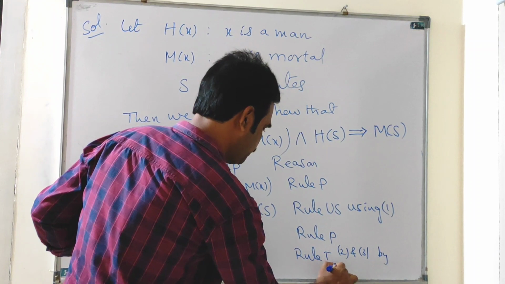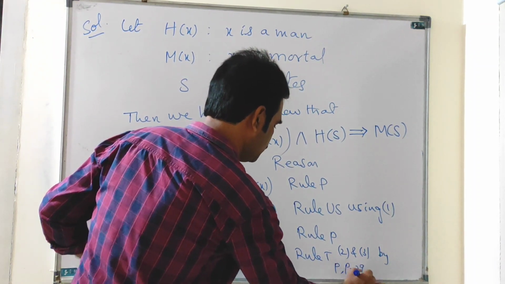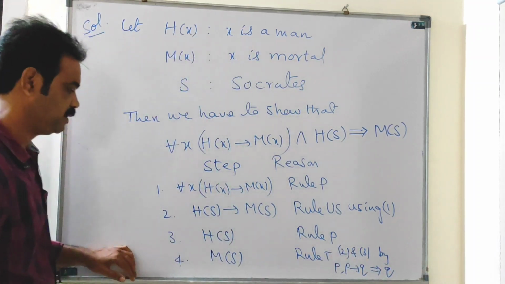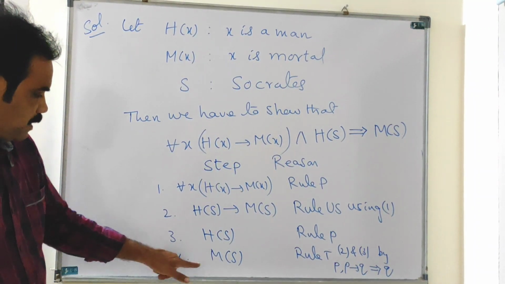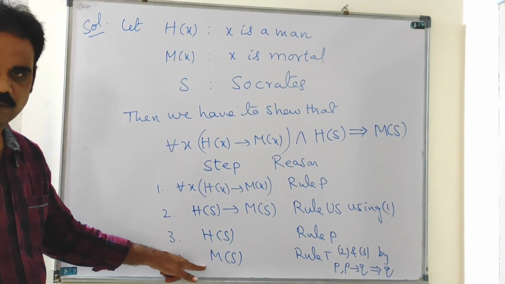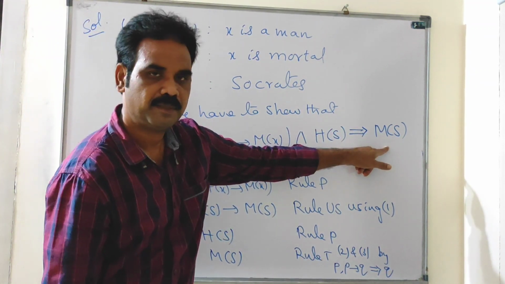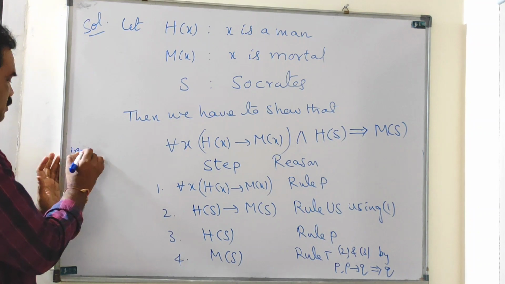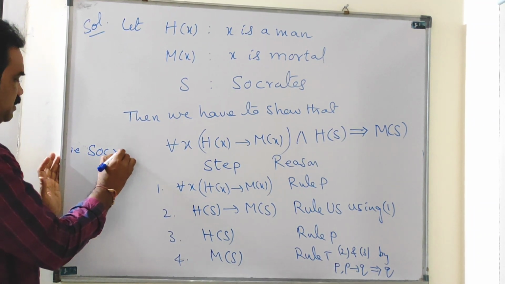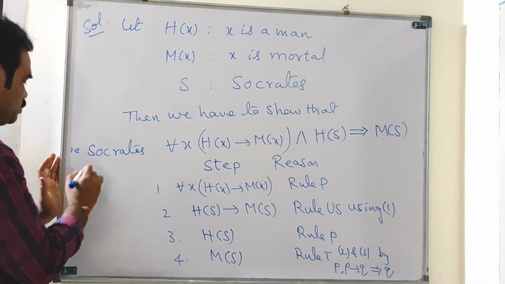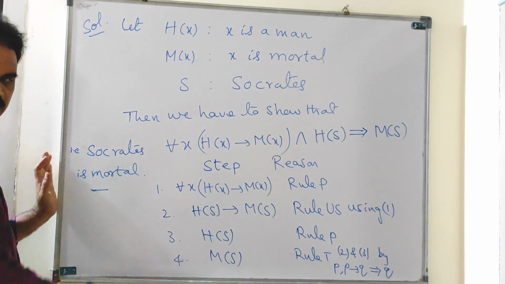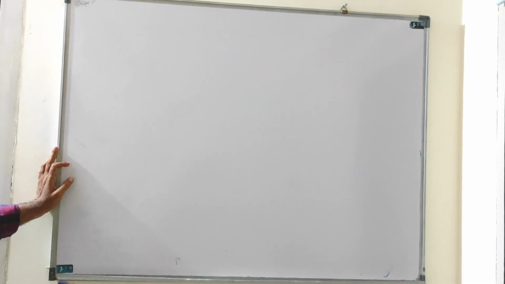That means P implies Q, and P, is equivalent to Q. This is modus ponens. Fourth step is m of s. This is the required conclusion. That means Socrates is mortal, and hence the result. See the next problem.